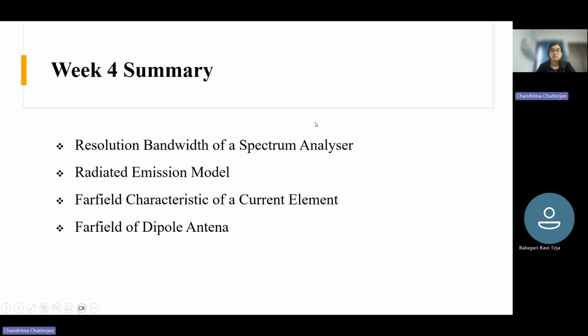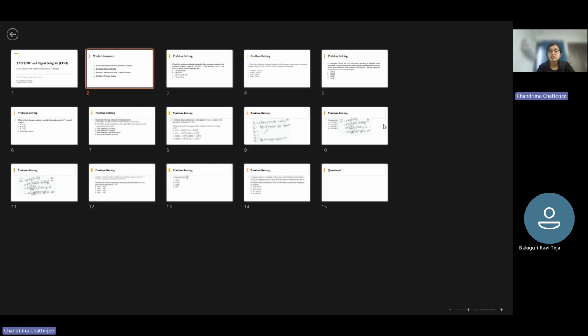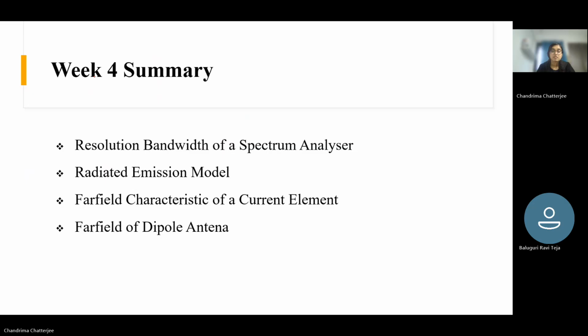As we have already discussed, we know what a spectrum analyzer is, right? A spectrum analyzer is an instrument by which we measure the amplitude of the different frequency components.